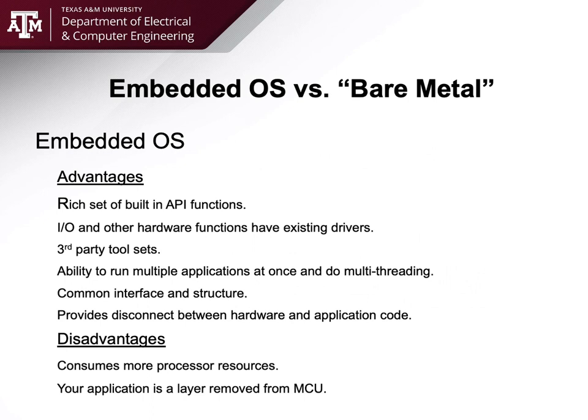So embedded OS, what are the advantages and disadvantages? So first of all, embedded OS is wonderful because it has a rich set of API functions. All your TCP/IP functions for Ethernet are already built in. I'm thinking of embedded Linux, for instance, CAN functions for controller area network, basically all these communication buses, SPI, I2C, and so on and so forth. All those functions are built in.